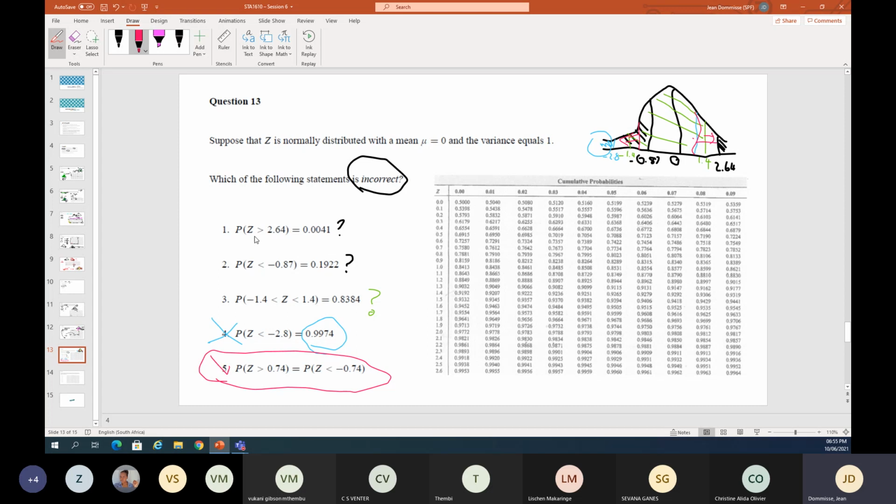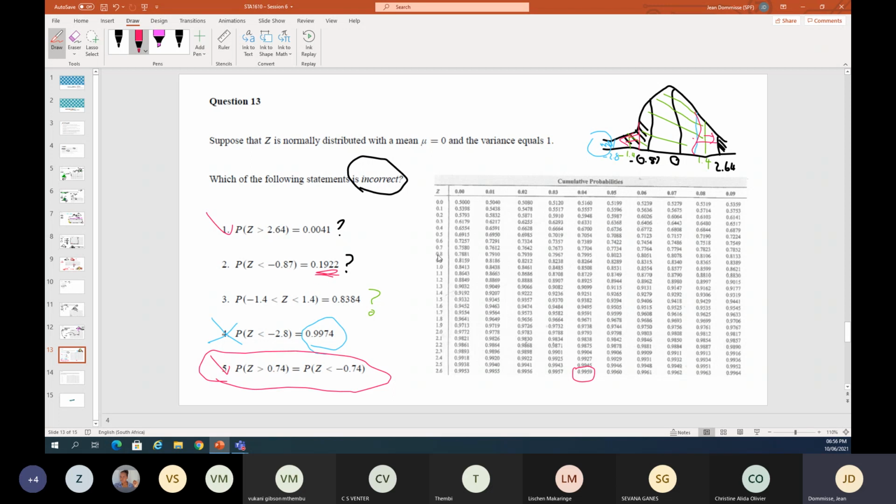So bigger than 2.64. That is 2.64, so 1 minus that. You could have gone to the negative table to look at negative 2.64, but 1 minus 0.9959 does give us that answer. With this one, I don't have a negative table in front of me, so we would have gone to the negative table for 0.87.